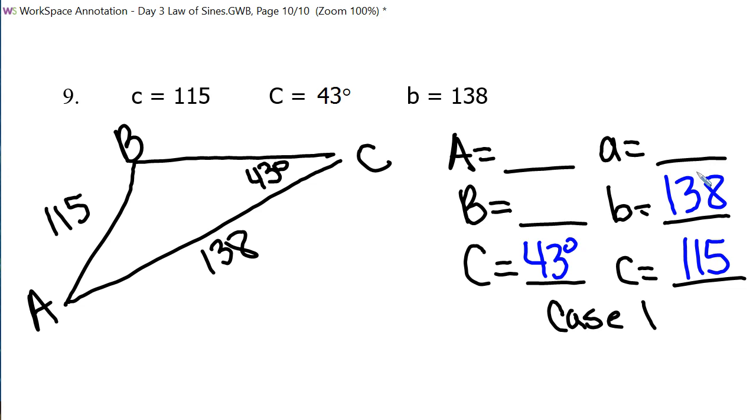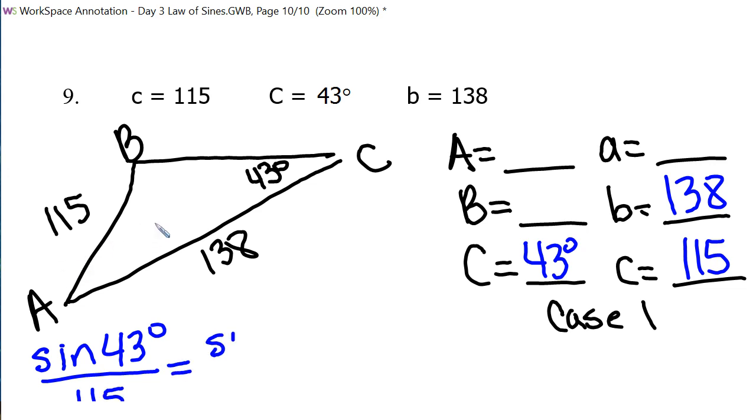Which angle would we have to find first? Do we have any information on A? No, so I have to find angle B first. So I have to do sine of B over B is equal to sine of C over C. So starting with the pair that's given, this would be sine of 43 degrees over side C, 115, equals sine of angle B divided by 138.